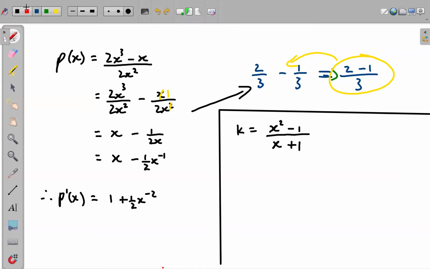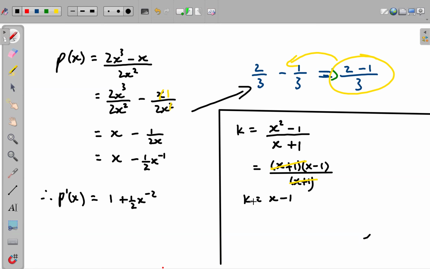You need to note that the numerator is the difference of two squares. So you can actually go x plus 1 times x minus 1, all over x plus 1. And guess what? The x plus 1 will cancel that x plus 1, and you are left with x minus 1.